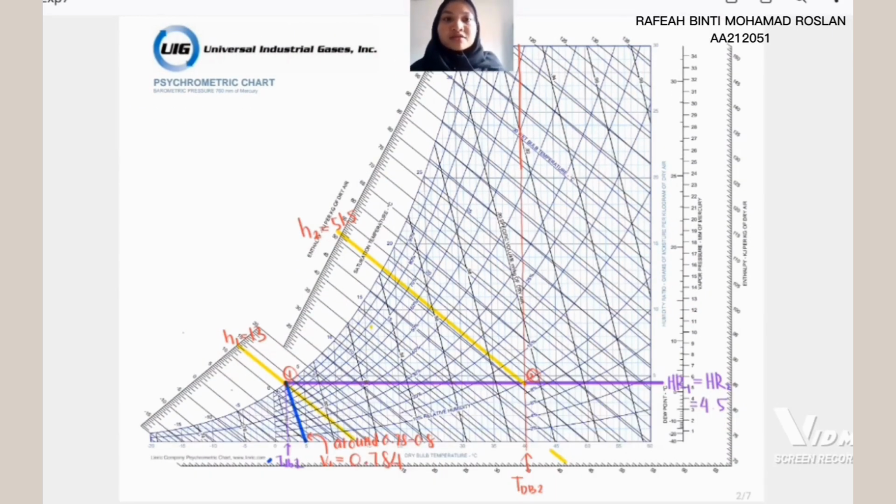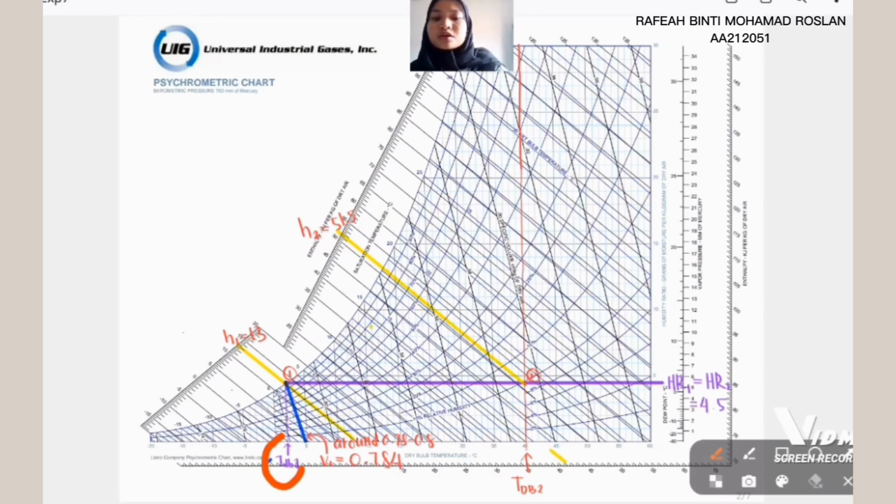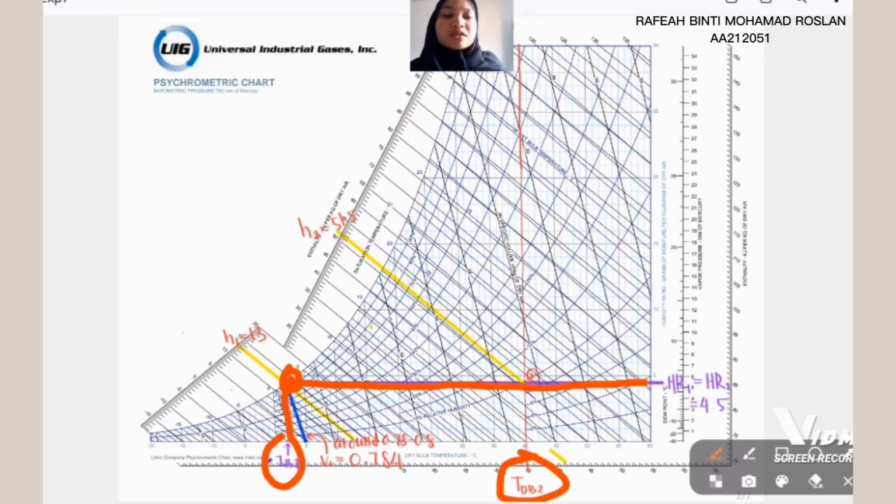As given in the question, we can create a line for dry bulb temperature of 2 degrees Celsius and 40 degrees Celsius. As stated in the question, the air is saturated, so we can proceed the line to the saturated line, and we can find its humidity ratio. The humidity ratio at 40 degrees is the same since it is a heating coil or sensible heating.